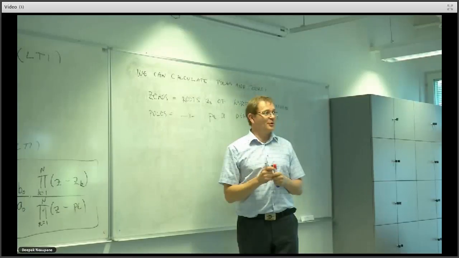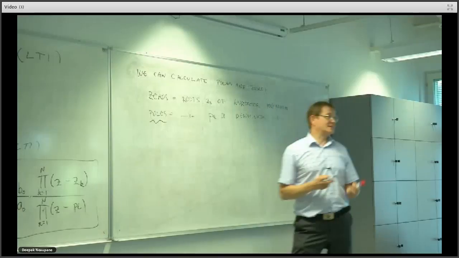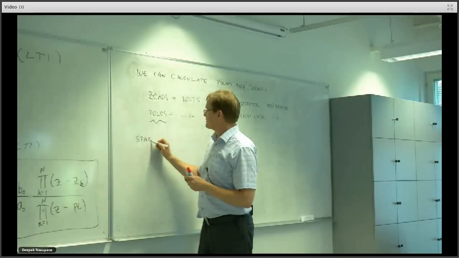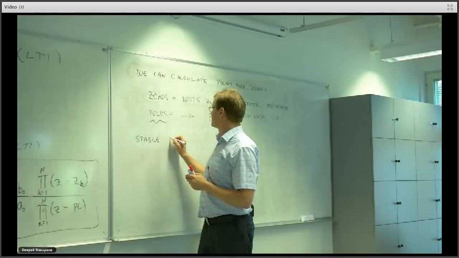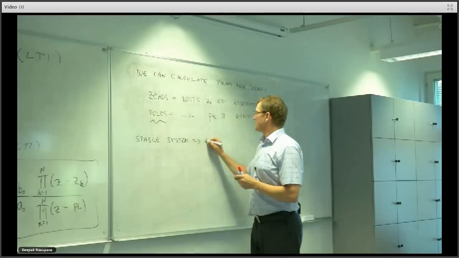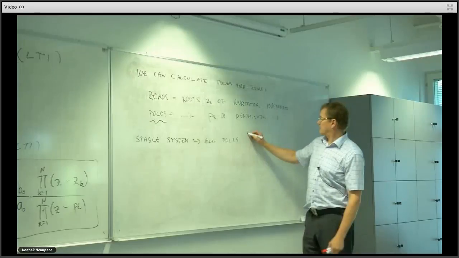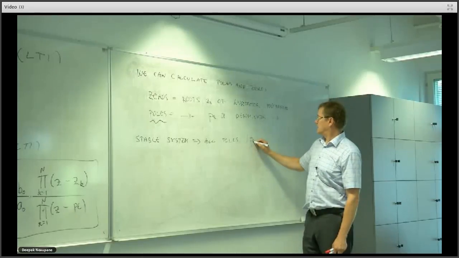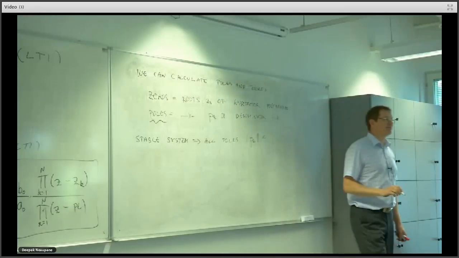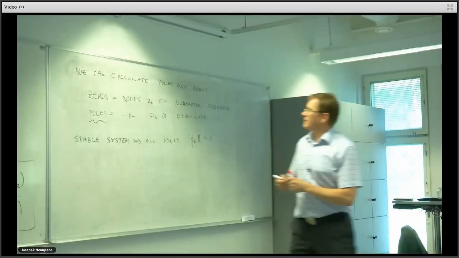The location of poles now tells you if the system is stable or not. If all poles have a norm less than 1, then it's a stable system.